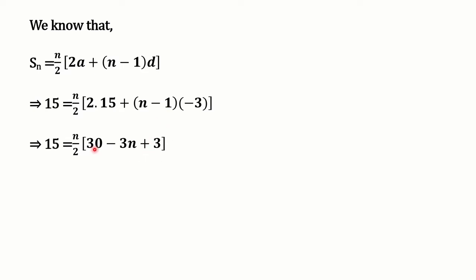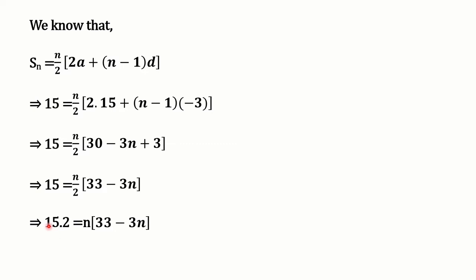In next line, this 30 and this 3 can be added to get 33. Remaining terms are copied as it is. Now, we will do cross multiplication. This 2 will be taken to other side to multiply with 15. That is 15 into 2 is equal to the right hand side.